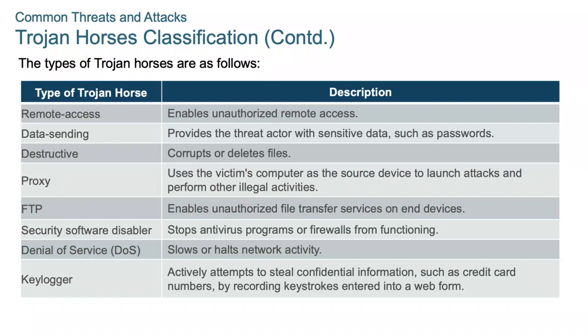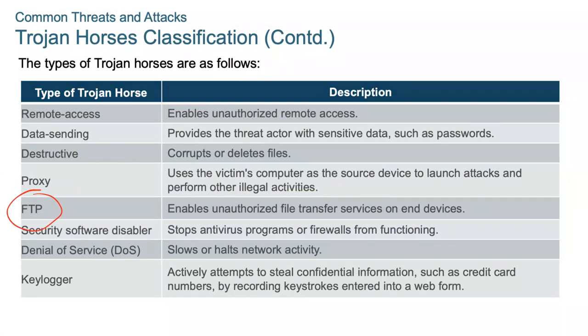And another Trojan horse type of malware is your proxy type. So the victim's computer is used as the source device to launch attacks and perform other illegal activities like changing the usernames, changing the configuration files in the system file of the operating system.